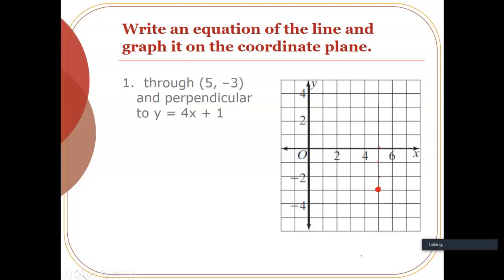If it is perpendicular, then what I'm going to do is say, okay, the given slope is 4. That means the slope I need is the opposite, so negative, and its reciprocal, so the reciprocal of 4 is 1/4.